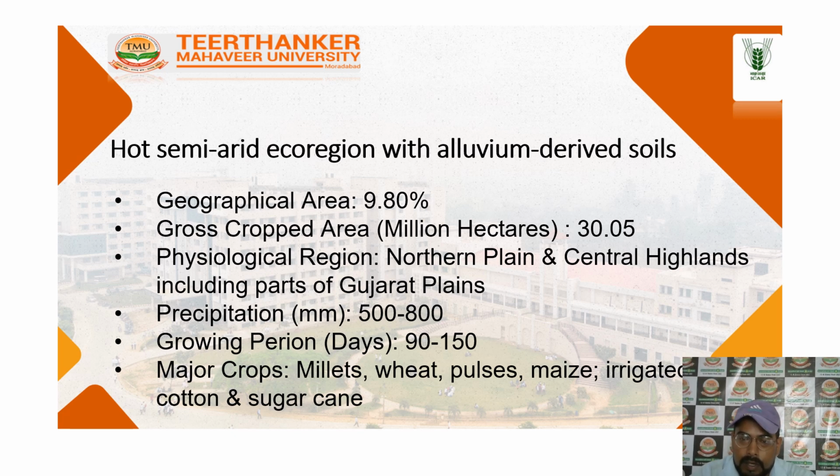The annual rainfall is 500 to 800 and growing period availability is 90 to 115 days. The major crops growing in this region are millets, wheat and pulses. Under irrigation conditions, that means with the availability of irrigation, cotton and sugarcane are grown.